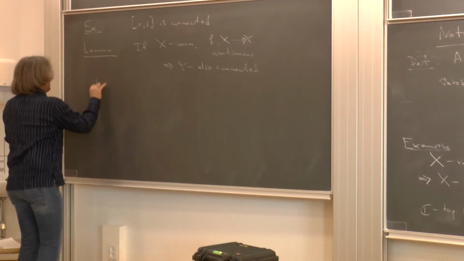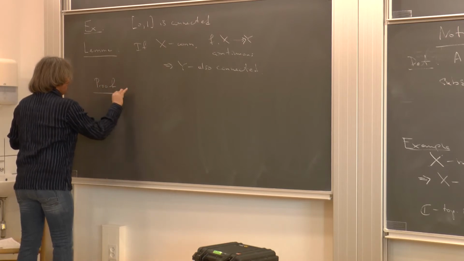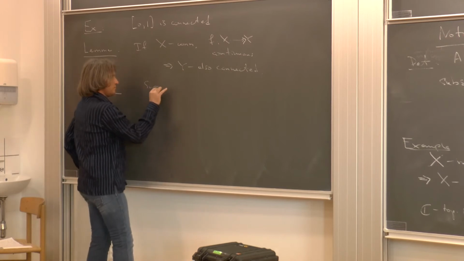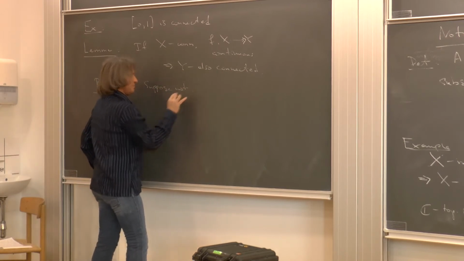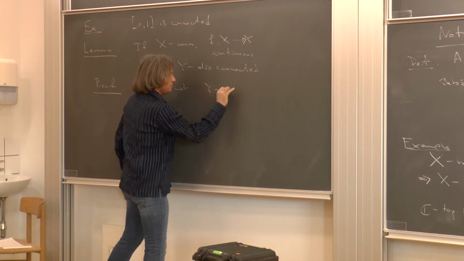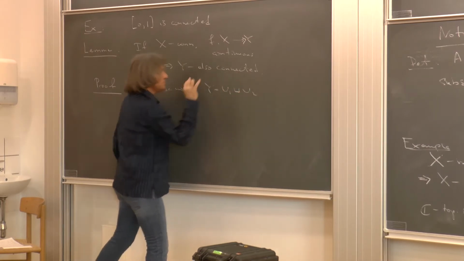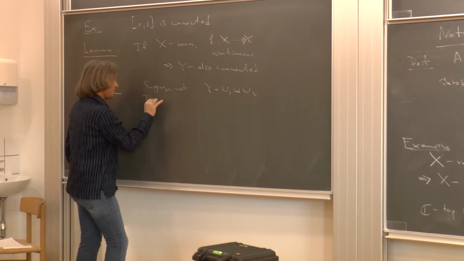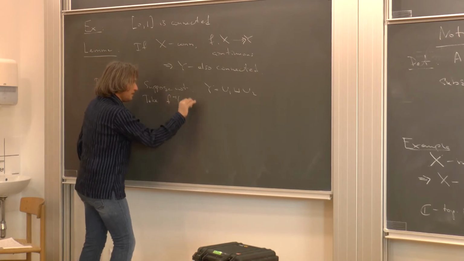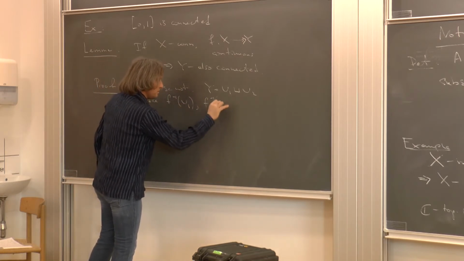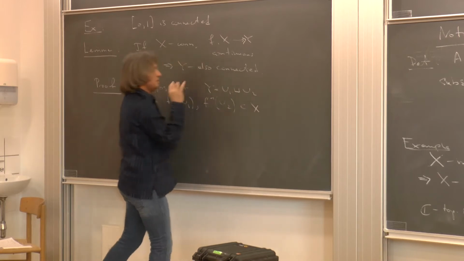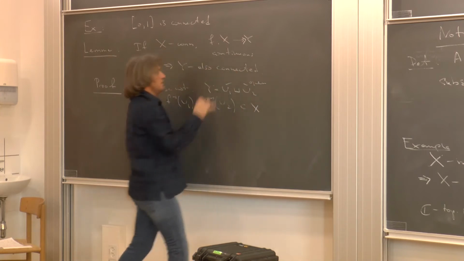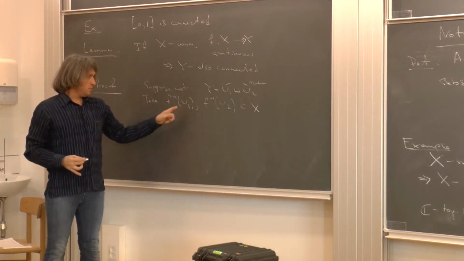Okay. Proof. Just one line. Suppose not. Then Y is a disjoint union of U1 and U2. Well, but then take preimages of U1 and of U2 in X. So what do we know about these ones?